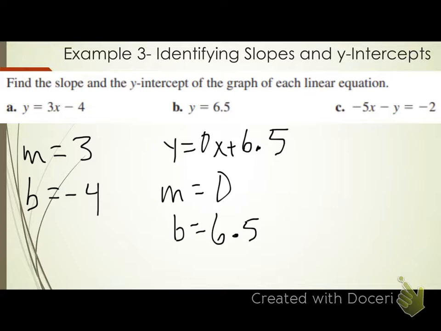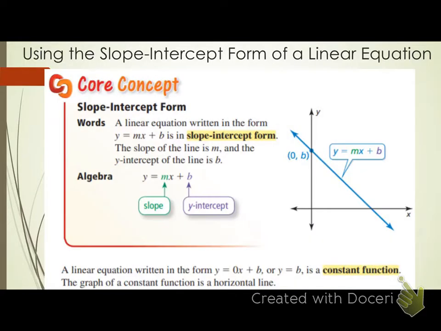What do I need to do first before I identify the slope and the y-intercept? Make sure it's properly written in slope-intercept form. Very good. Is this in slope-intercept form? No, it's not. In slope-intercept form, which variable is by itself? Y. Y is by itself on one side of the equation, right?